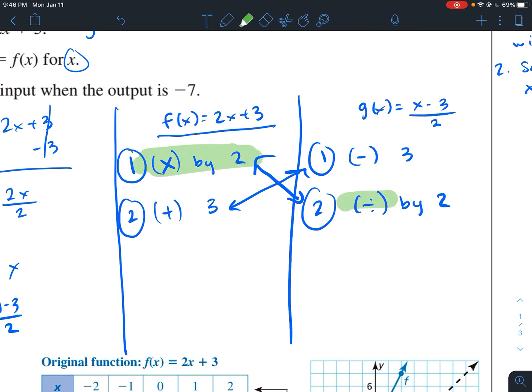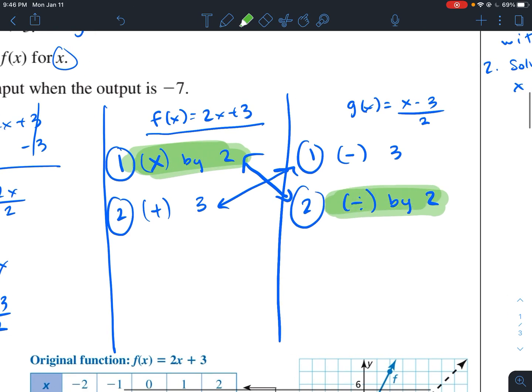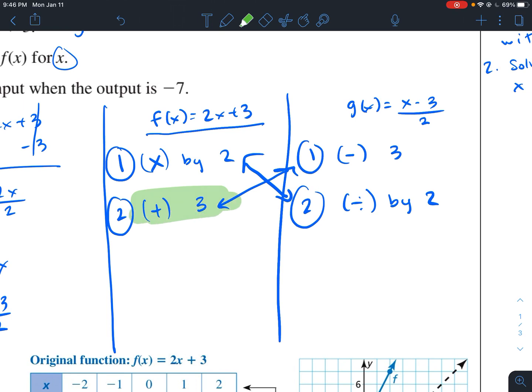And here, the last step is dividing by 2. And then the second step here, which is add 3, is actually the first step here, which is subtract 3. So notice that the operations are inverse and the order of the operations are opposite. This is what we call inverse functions.